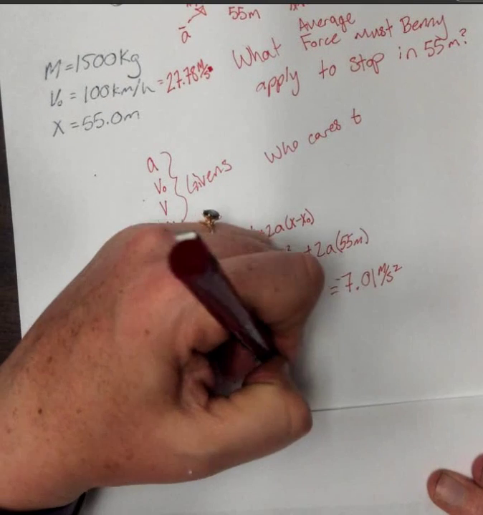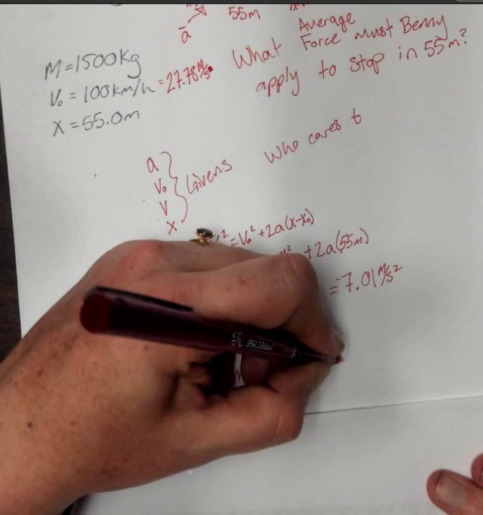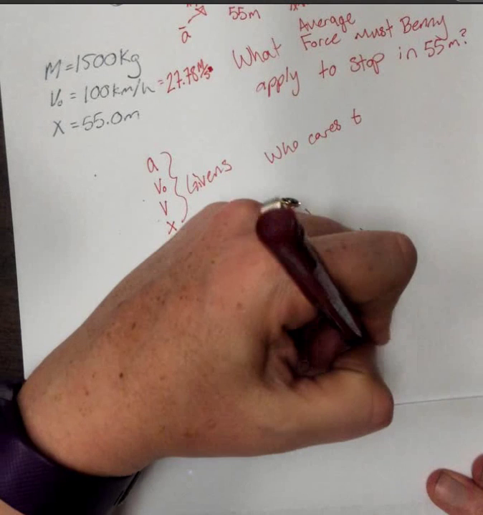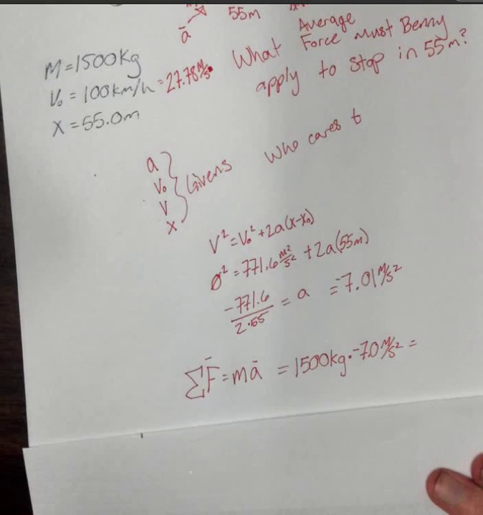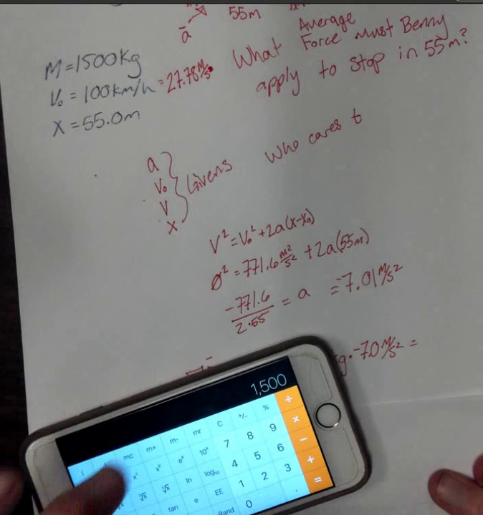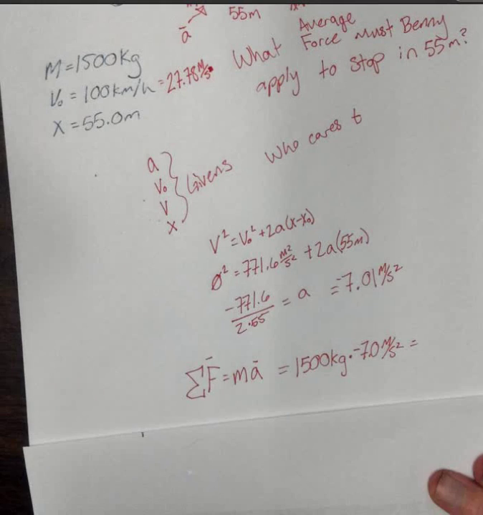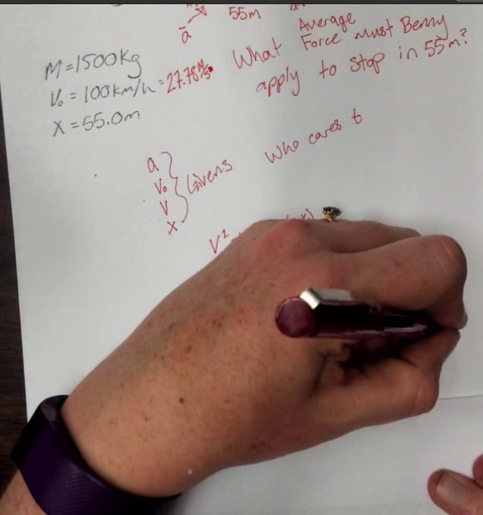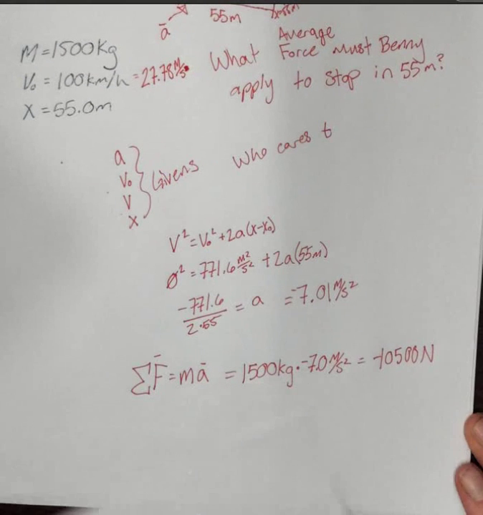So the force that needs to be applied is 1,500 kilograms times a negative 7.0 meters per second squared, which gives the car a required force of 1,500 kilograms times negative 7.0. That force would have to be negative 10,500 newtons. That is the force that must be produced in order to stop the car.